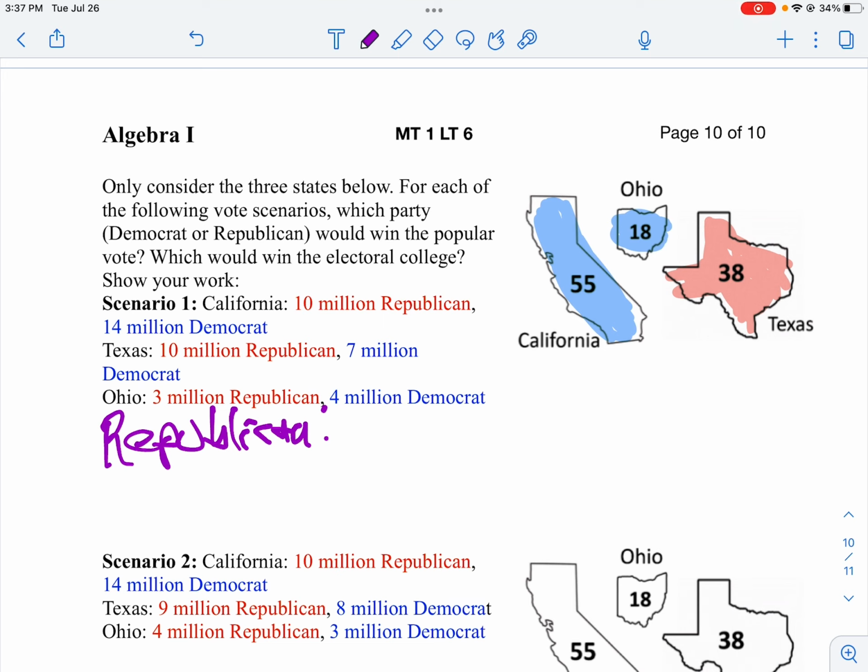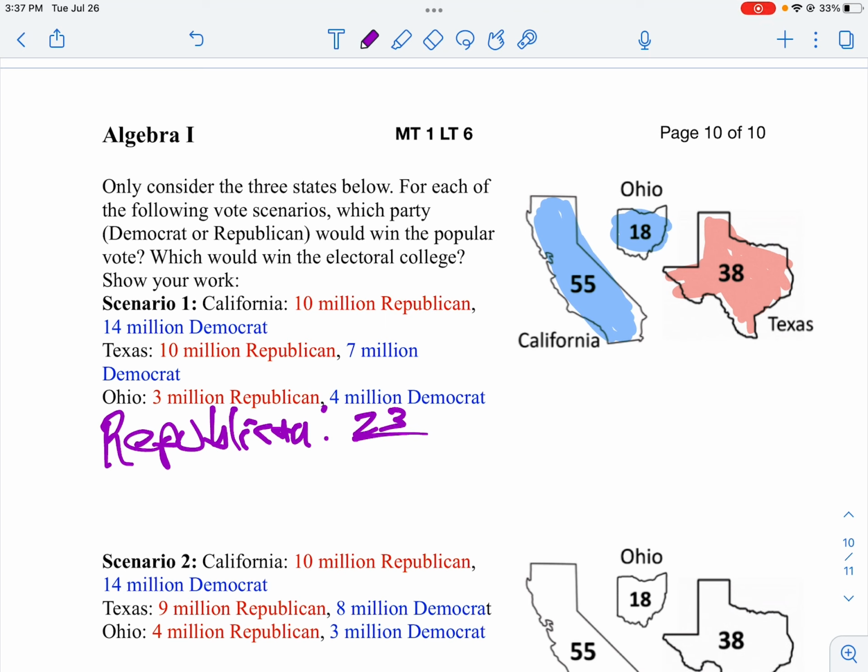Well, we have 10 plus 10 plus 3, so we have 23 million Republican votes out of, let's count them up here, 24 million in California, and we have 17 million in Texas.